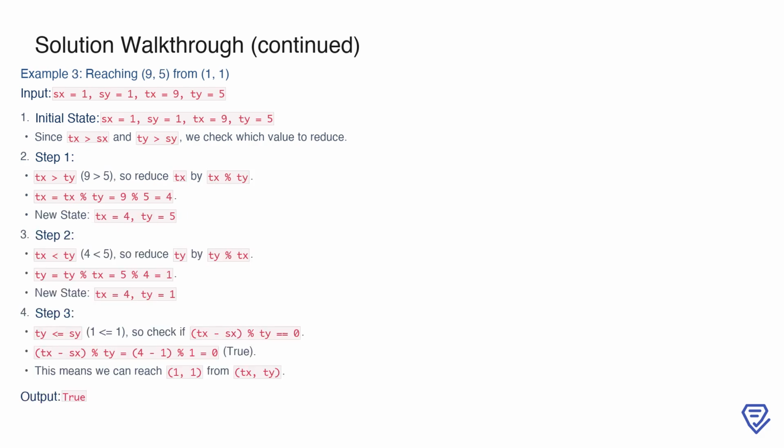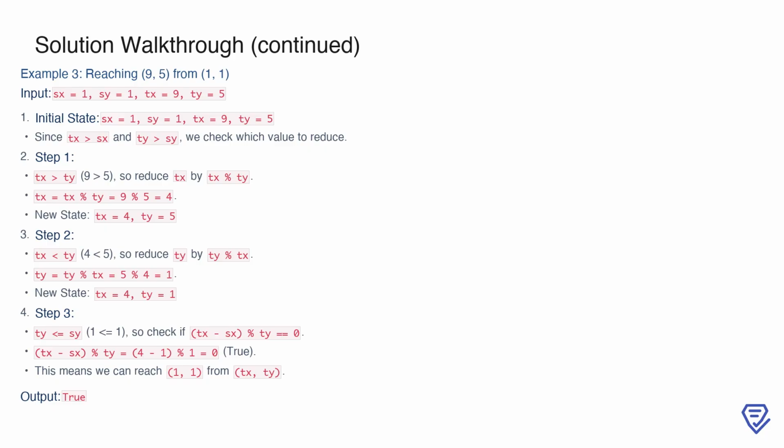In this example, we aim to determine if we can reach (9, 5) from (1, 1). Starting with sx equals 1, sy equals 1, tx equals 9, and ty equals 5, we observe that both tx and ty are greater than sx and sy, so we proceed to reduce one of them. Since tx > ty, we reduce tx by taking tx % ty. This gives tx equals 9 % 5 equals 4, resulting in the new state tx equals 4 and ty equals 5.